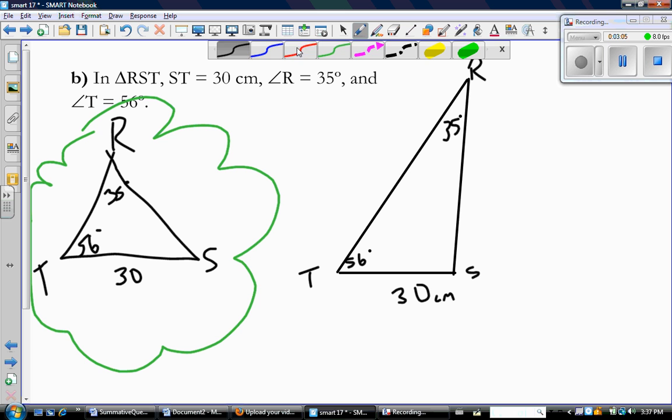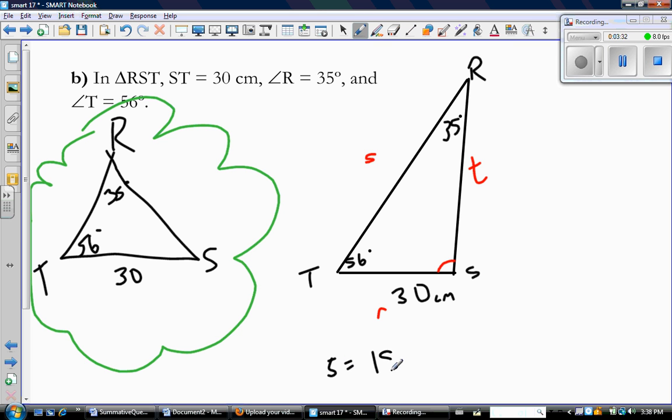Solving the triangle obviously means finding the missing pieces. One piece that's missing is this angle. Also missing are side T and side S, and this is technically side R because it's opposite vertex R. The easiest thing to find will be this angle, because we know that in a triangle, all the angles add to 180. So we can find angle S without too much pain: 180 minus the other two angles.